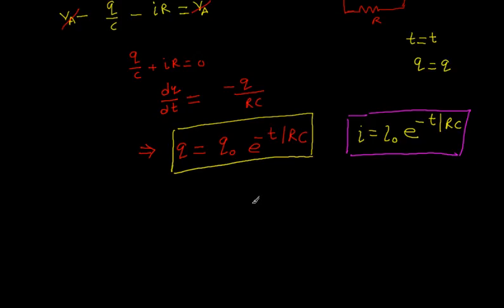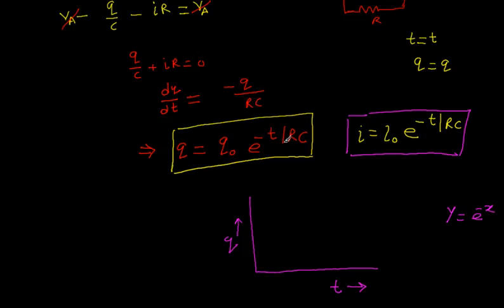If we plot this, here is your time axis, and this one is your charge axis. This is simple: it is a y is equal to e to the power minus x relation. If you increase x, y will decrease exponentially.